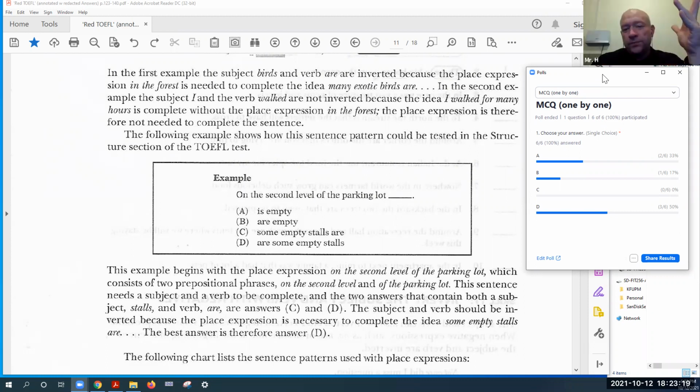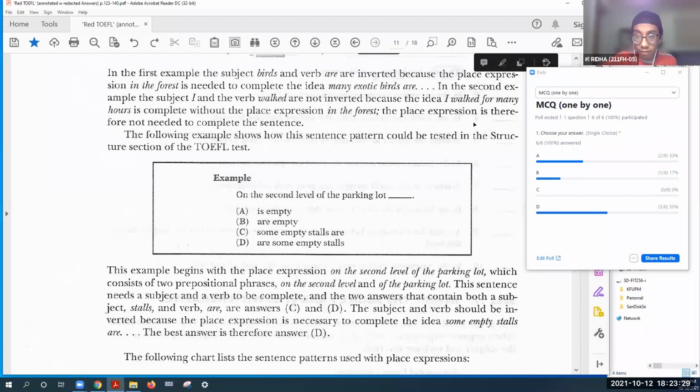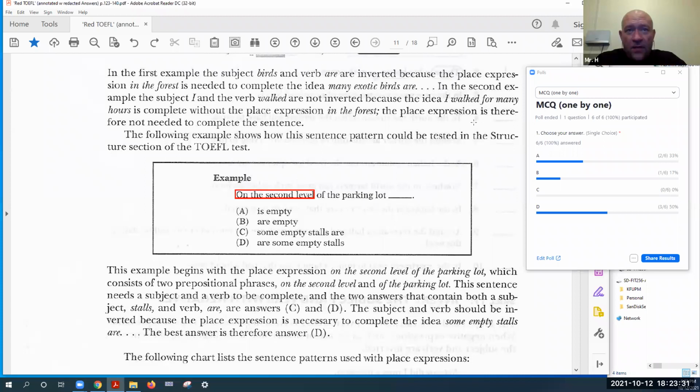Now, do you see any prepositional phrases here? Yeah. On the second level of parking. Okay. On the second level is one phrase. Osama, is there another one? Yes, of the parking. Okay, there's another one.